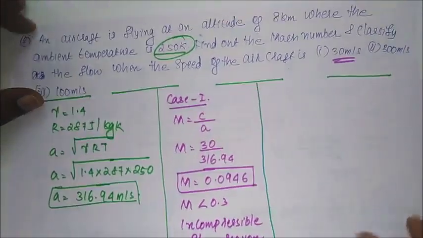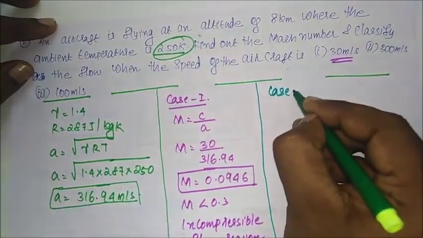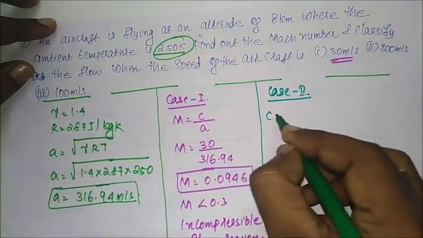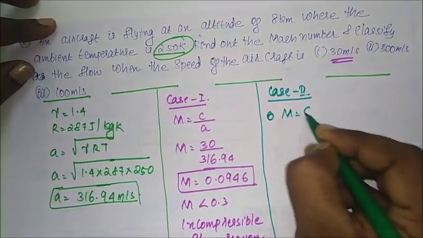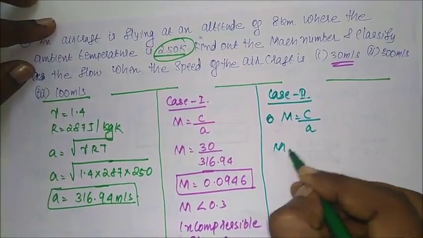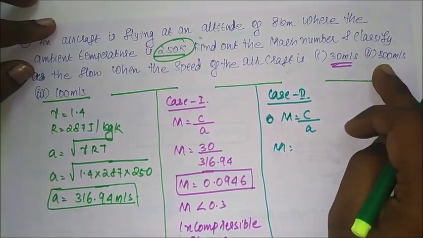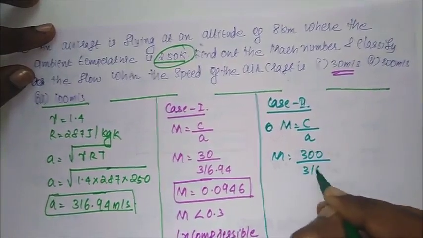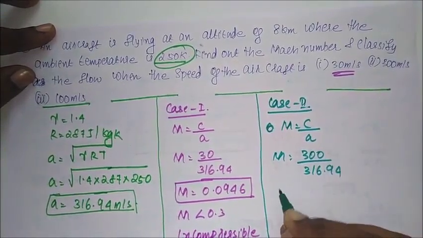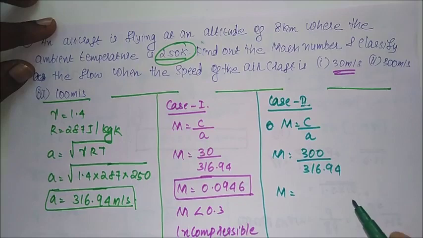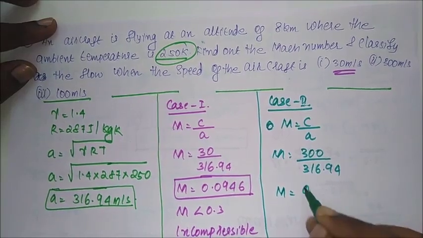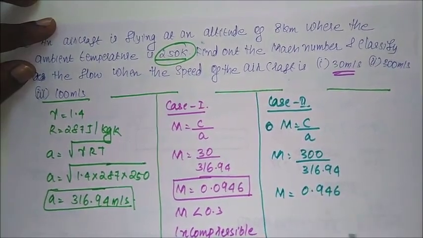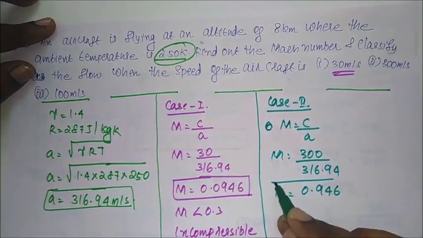Okay, next one, case 2. M is equal to C by A. What is the value of C? In this case, the velocity of the object is 300. So 300 divided by 316.94. The value of M is approximately 0.946.